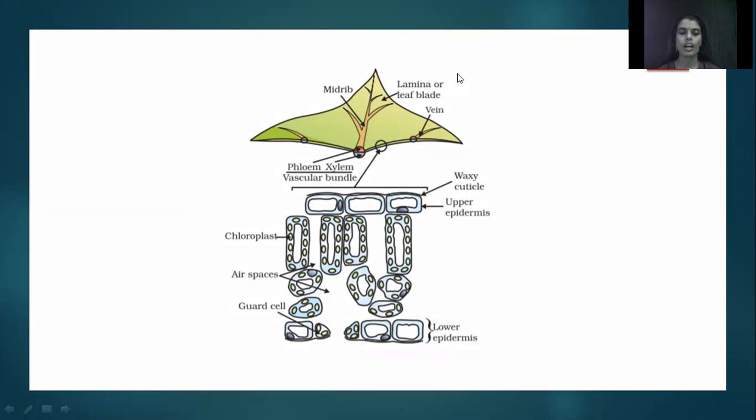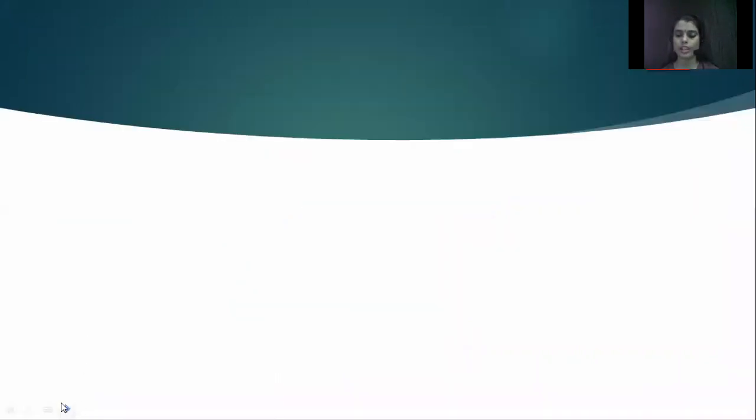Got it? Now, the experiment that we do first is we will take a potted plant. After we take a potted plant, we will keep the potted plant under sunlight for 2 hours. For what purpose are we keeping the potted plant under sunlight for 2 hours?